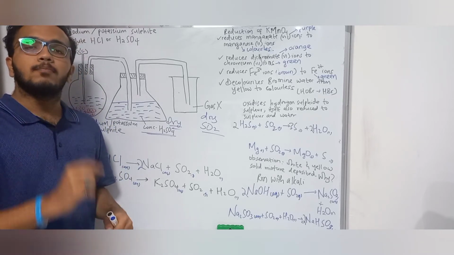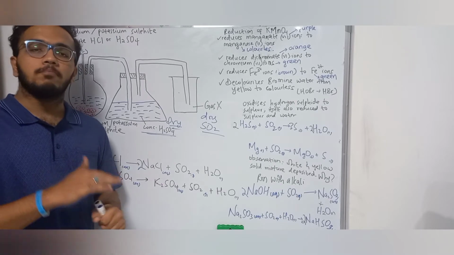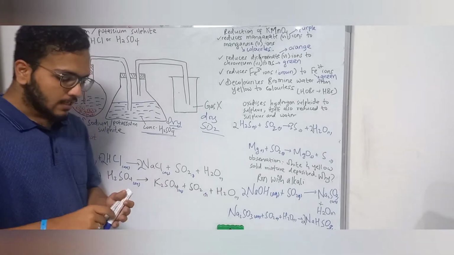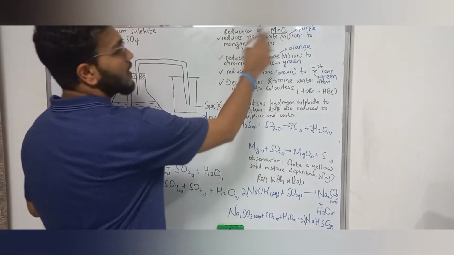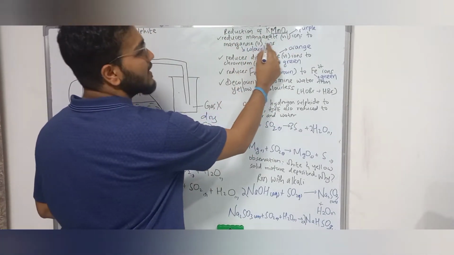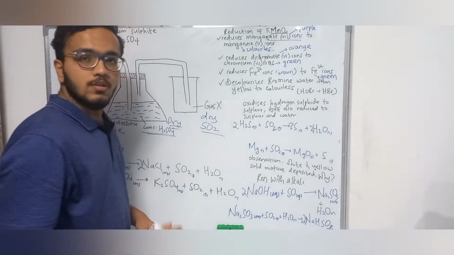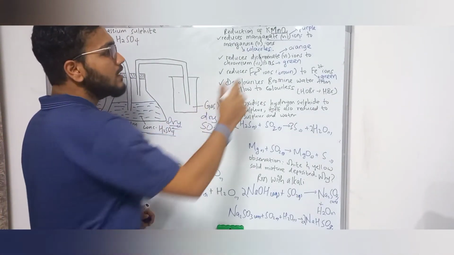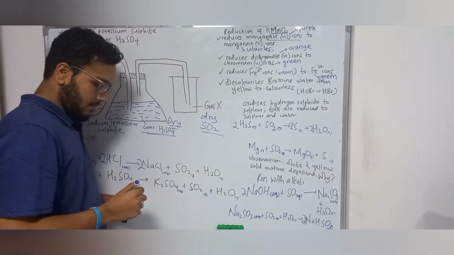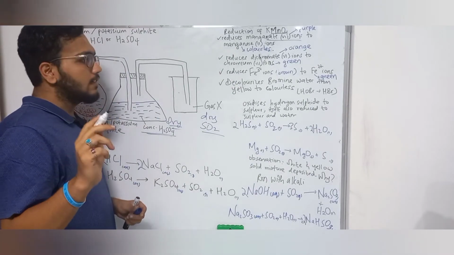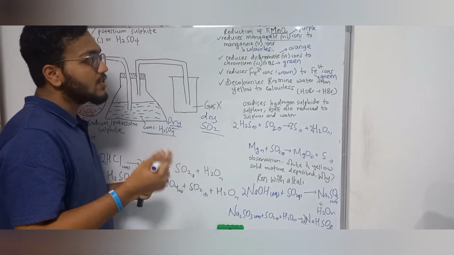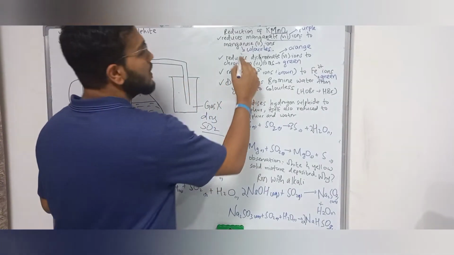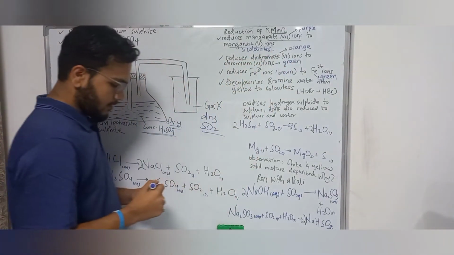So why is the potassium manganate 7 changing from purple to colorless? Because SO2 reduces manganate 7 ions. The purple color is because of the manganate 7 ions, and the colorless color of the solution is because of the manganese 2 ions.